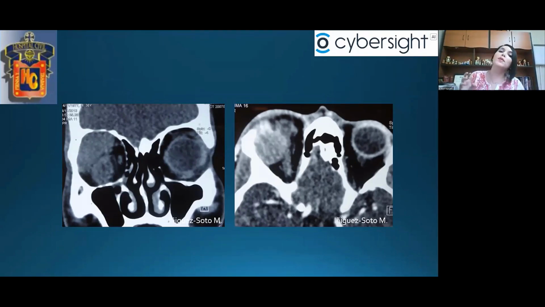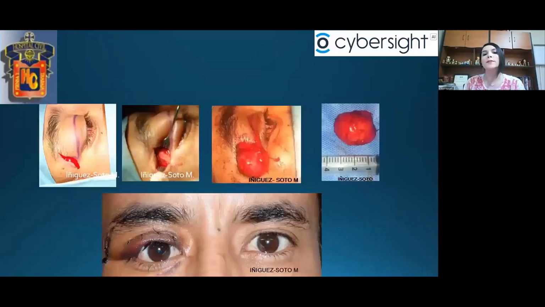So we have to be very careful here, speak very well with the patient, have a lot of confidence and a lot of communication with the patient, because yes, he has a long story of proptosis and diplopia, but after the surgery, he can still have the diplopia, he can lose a little bit of visual acuity, and he has to be conscious about this and about the risk of the surgery.